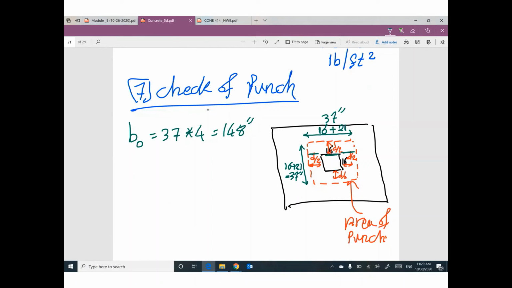What is the value of V ultimate 2? It equals P ultimate minus Q ultimate times this area.